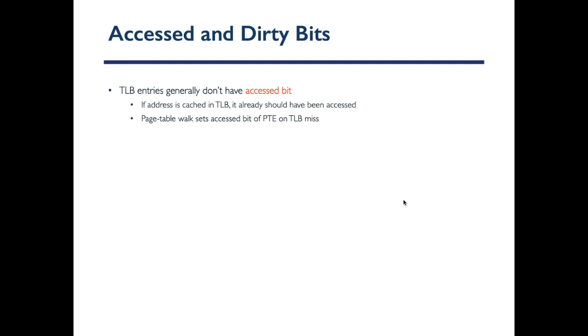So we will only get feedback from hardware when the address is not cached in the TLB. All the further accesses that hit in the TLB would not be reflected. So hardware is not going to set anything in the page table entry. This is very important to note. We'll talk about why it's very important when we talk about paging.